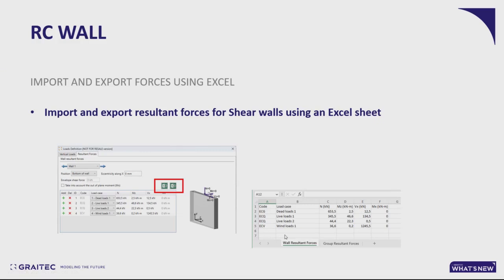Also, we can import the resultant forces per wall or as well as per wall group. Here we are just showing you one shear wall, but if you're talking about a group of shear walls, this option will also work. This is very helpful when you have the loading data available from other external sources that you want to import in advanced design modules.